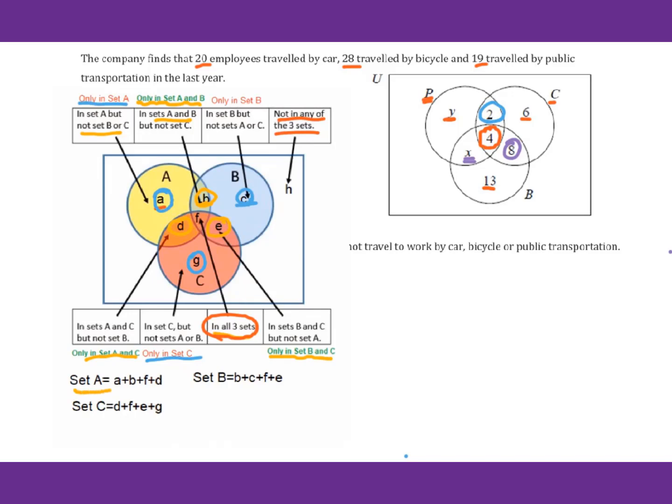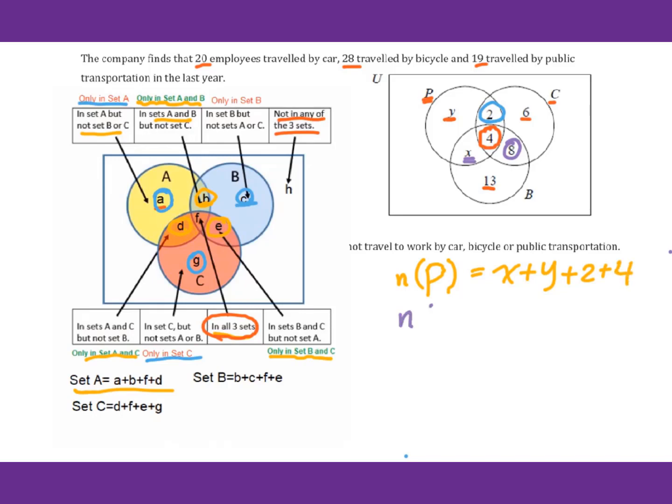So for set A, that means all these numbers added together, A plus B plus D plus F. For this kind of question, you see the public transportation. How many people? It will be X plus Y plus 2 plus 4.